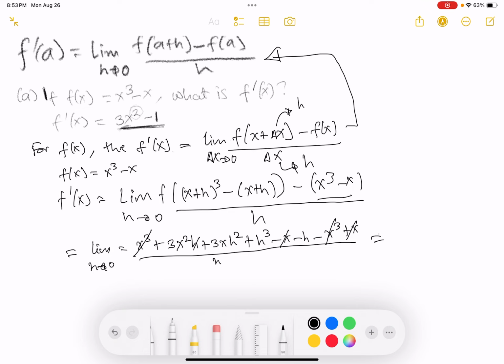One h there, one h there, one h there will cancel out with the denominator, leaving us with an expression that is 3x squared plus 3xh plus h squared, but you still have your limit, so limit as h tends to 0.